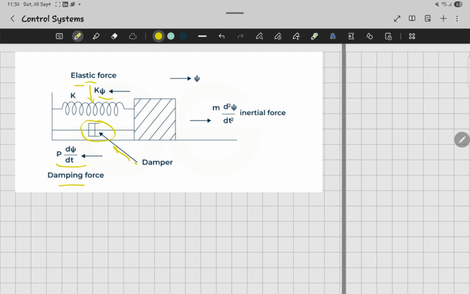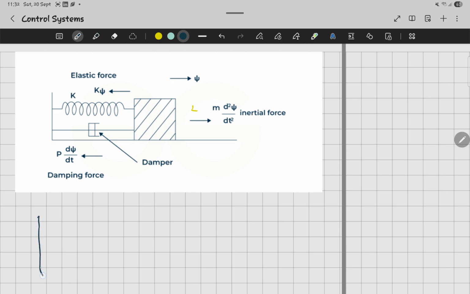Okay, and this is how you present it, and what you see here is the inertia force or our mass, and this is the presentation. I can also write it in this form.